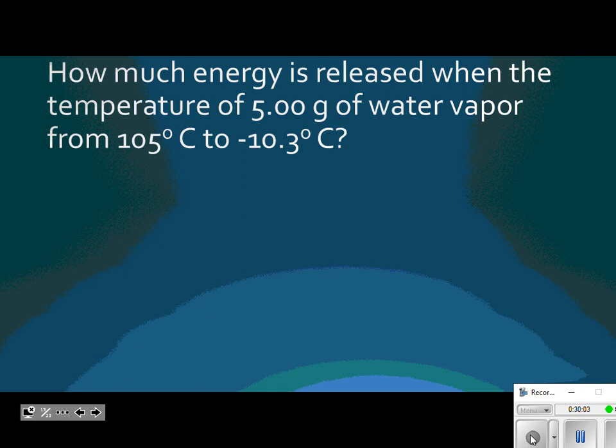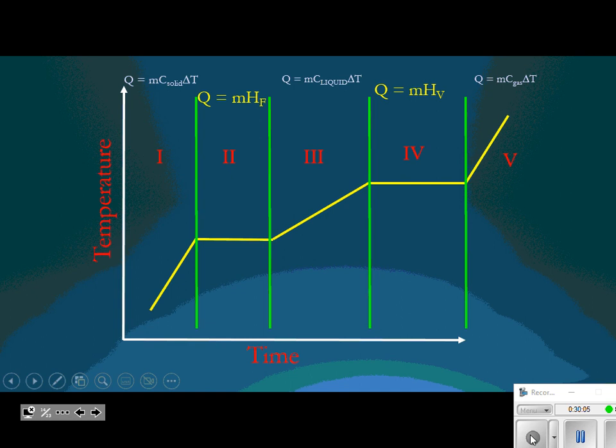Now, we are going the opposite way because we are starting here in 5 and we are ending here in 1. So that means that we are releasing energy. Because we're not getting hotter, we're getting colder. Correct? Our temperature is going down. So we are releasing energy.